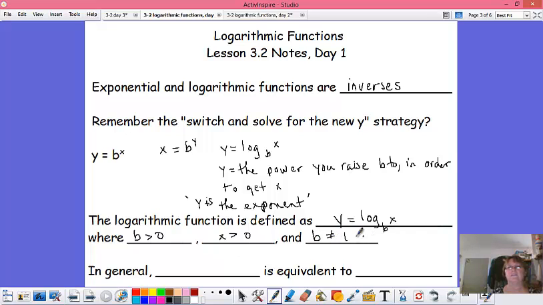It has to be bigger than 0, but it can't be 1, otherwise that would be crazy, because 1 to any power is just 1. So in general, folks, y equals log base b of x is equivalent to b raised to the yth power equals x. That's something good to remember, because this is how we translate from one form to the other.